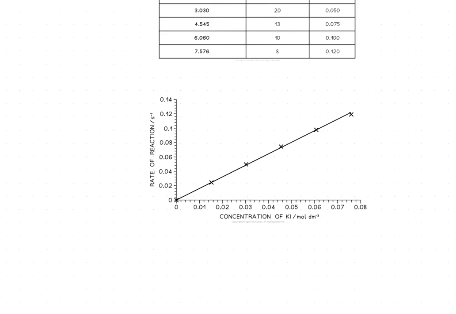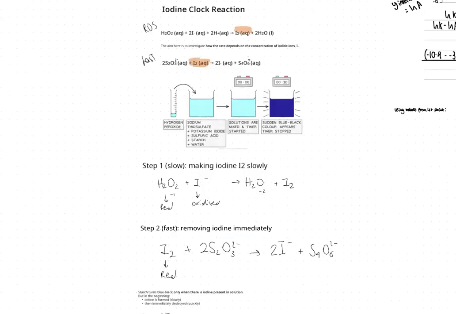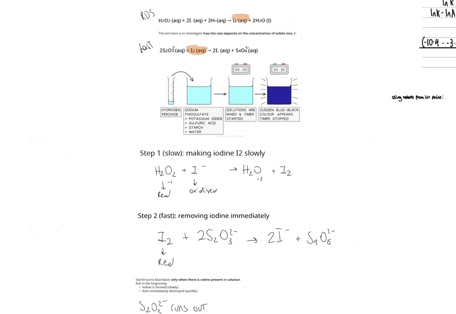So if you have an exam question where you have completely different reagents, still think about whether it is a reaction that has a similar behavior to this one that you've studied, and then you can analyze it in a very similar way.